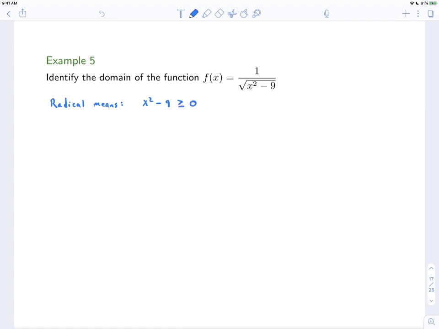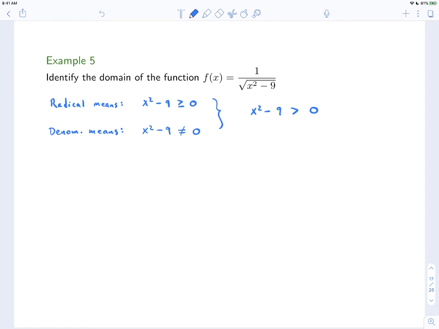So the radical means that x squared minus 9 is greater than or equal to 0, but it's also in the denominator. So the denominator means that x squared minus 9 can't equal 0. So if you put those together, this means that x squared minus 9 is strictly greater than 0.